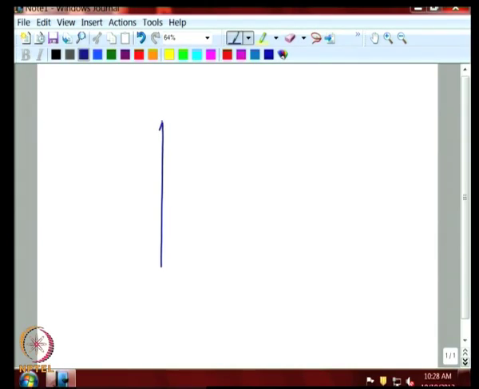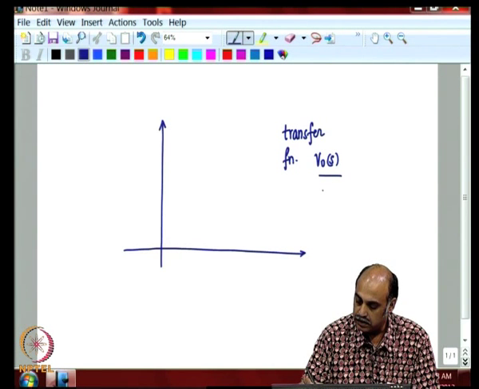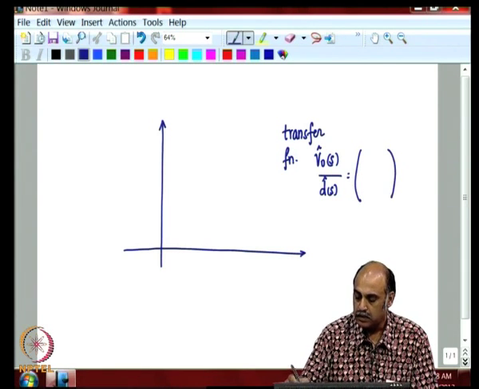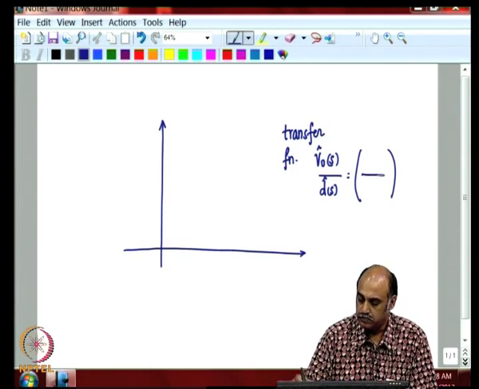So, if we consider, for example, the boost converter, we had used the transfer function V naught hat(s) by D hat(s), and they were all small signal models, and you had some set of zeros and poles.